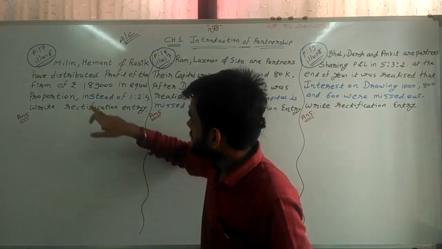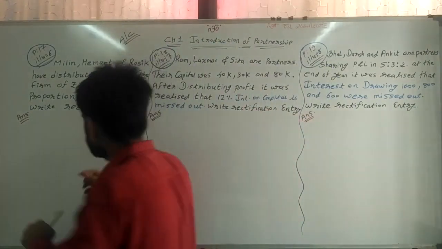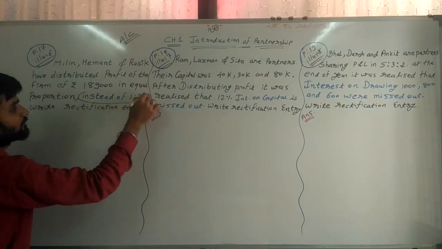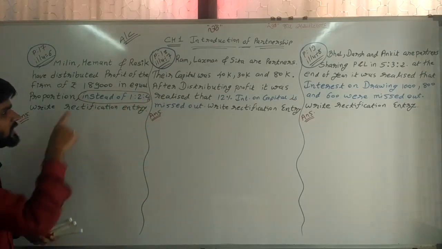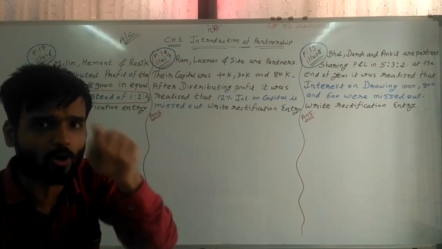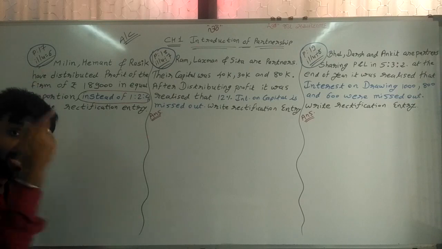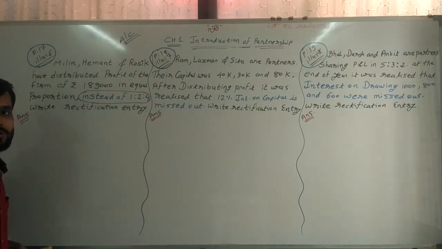Now, the most important thing is, instead of 1, 2, 4, what does it mean? Actually, they have to distribute their profit in the ratio of 1, 2 and 4, but they have already distributed in equal proportion.